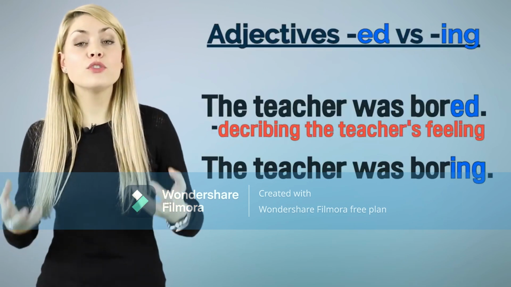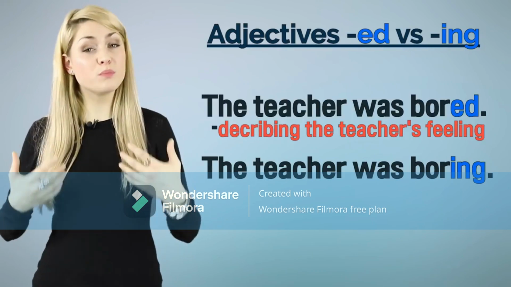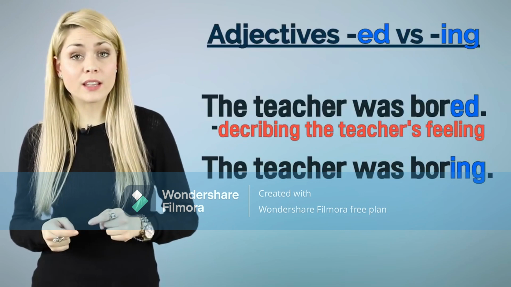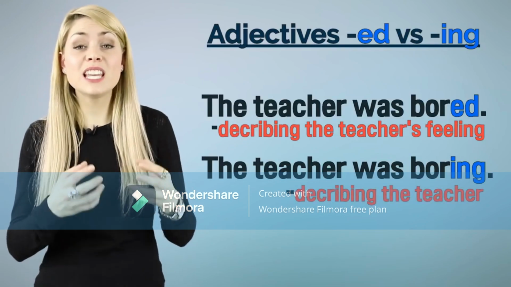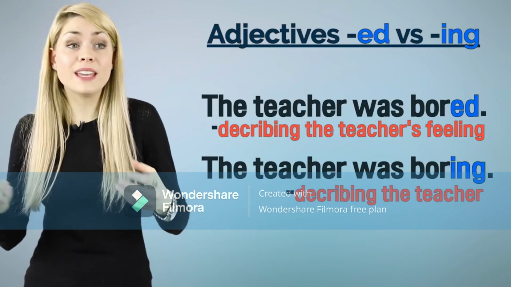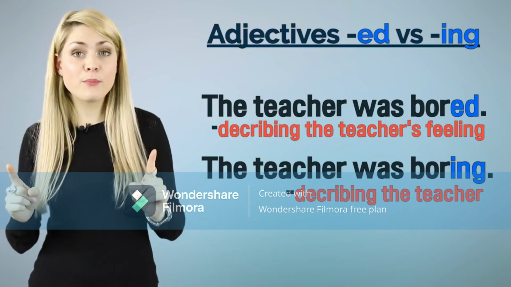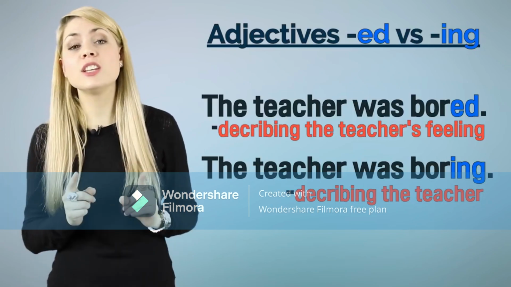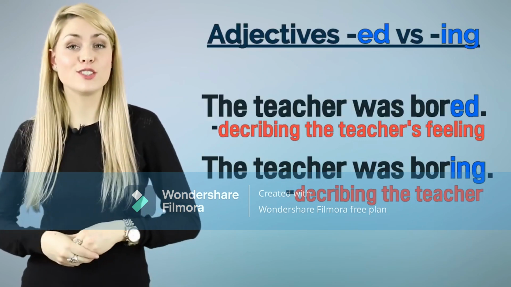Okay, that's how the teacher felt at that time, he or she was bored. But when you say the teacher was boring, you are describing the teacher. Okay, the teacher made the students feel bored because he or she was boring. So remember, ed is for feelings and ing is to describe events, things, situations.